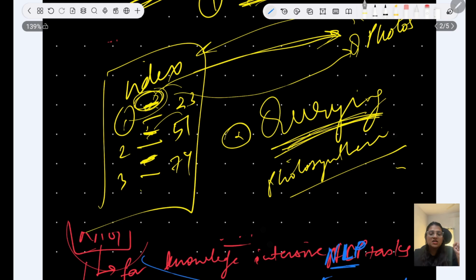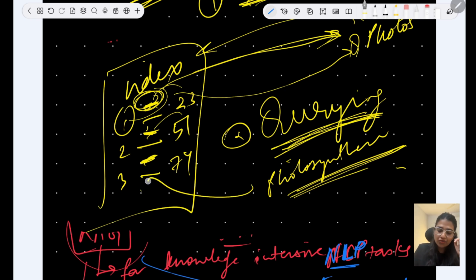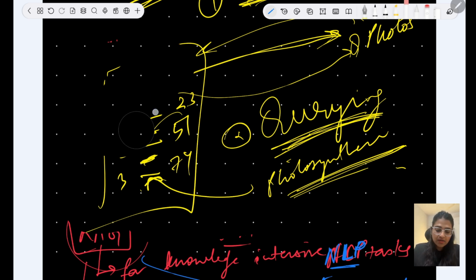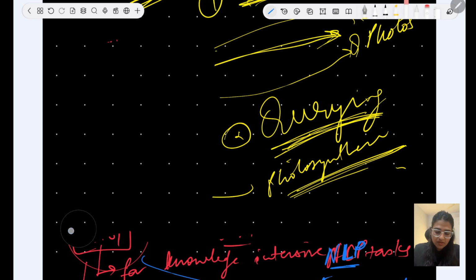But if I am asking how the plant excretes the wastes from photosynthesis, this query is actually supposed to go to this index. The indexing is done nicely, right? But the query is not done nicely.